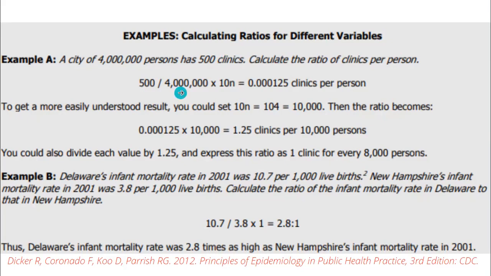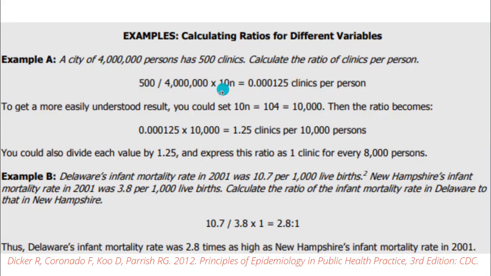So if we divide 500 by 4 million, we get a value of 0.00125 clinics per person. Now, this value would actually make no sense, because you do not have a decimal clinic.